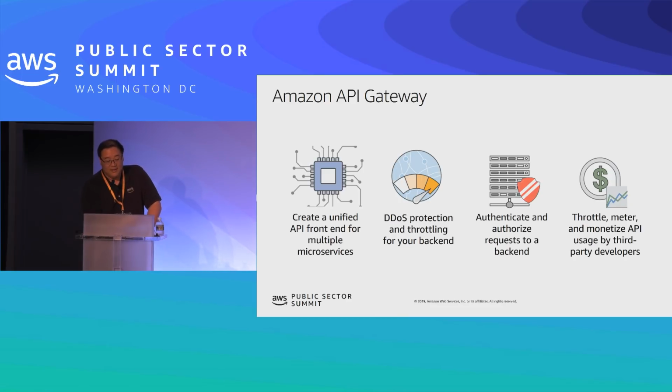So Lambda integrates very tightly with another service, which I want to touch upon briefly, in the AWS platform called API Gateway. Much like how Lambda is essentially a serverless function execution service, API Gateway is essentially a managed serverless HTTP endpoint provider for you.